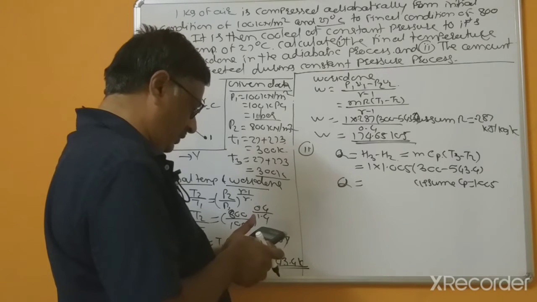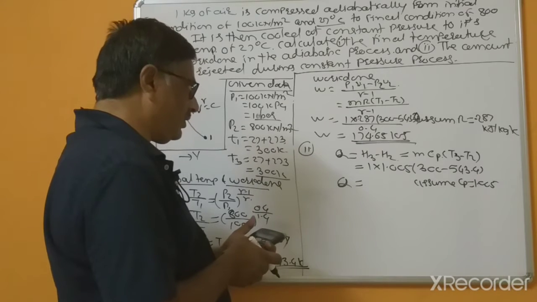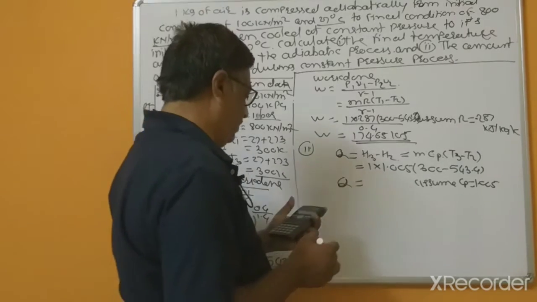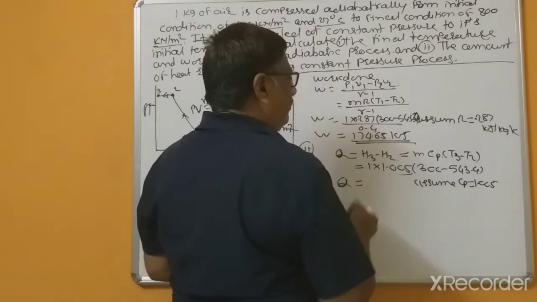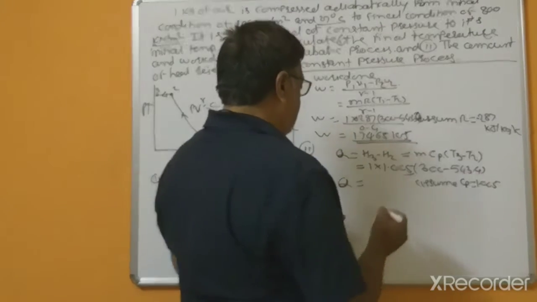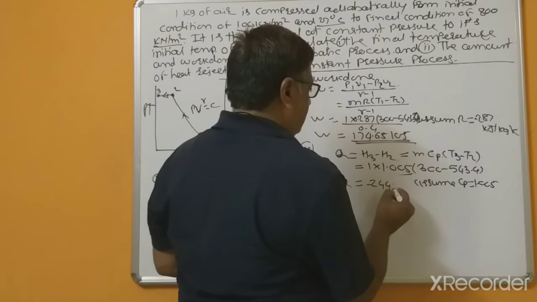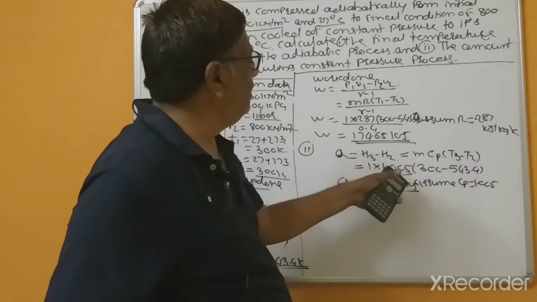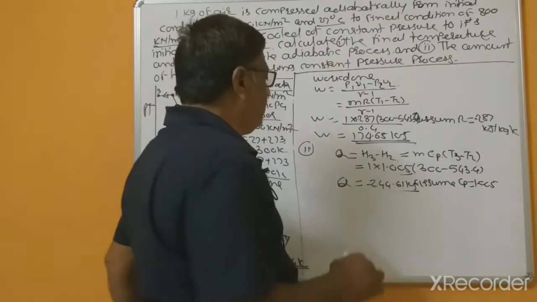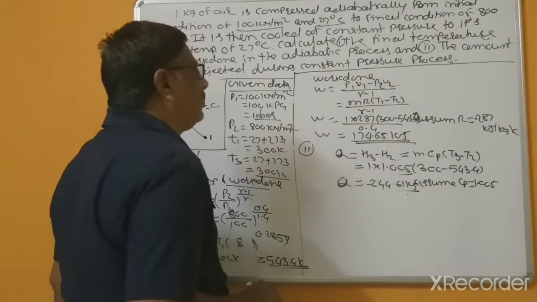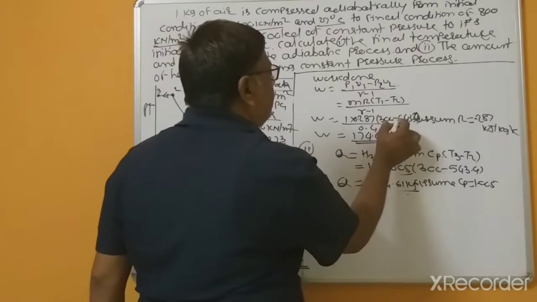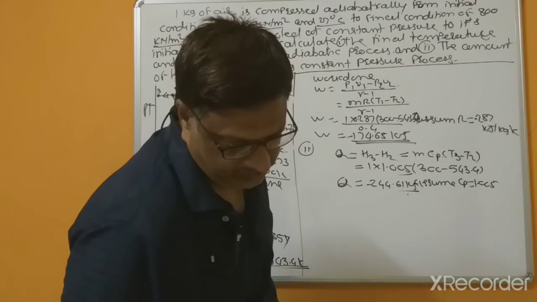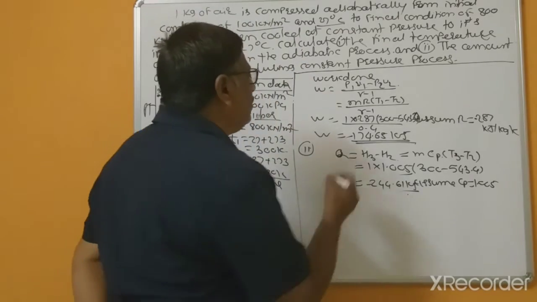So Q equals 1.005 times (300 minus 543.4). This is in kilojoule, and this is negative 244.61 kilojoule, because Cp is in kilojoule per kg, and this is negative.